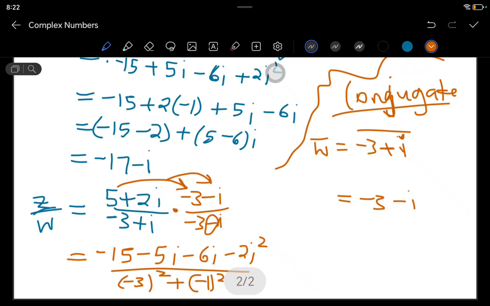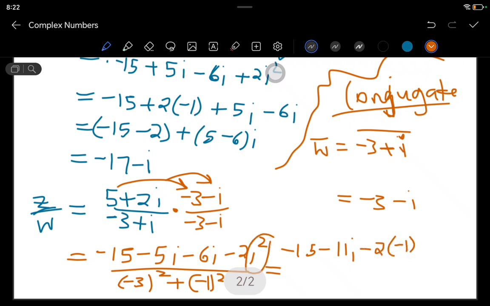And then here you're going to get minus 15 minus 5 minus 6, so it's going to be minus 11I, minus 2 minus 1, because I squared is also minus 1. Which is all over 9 plus 1.